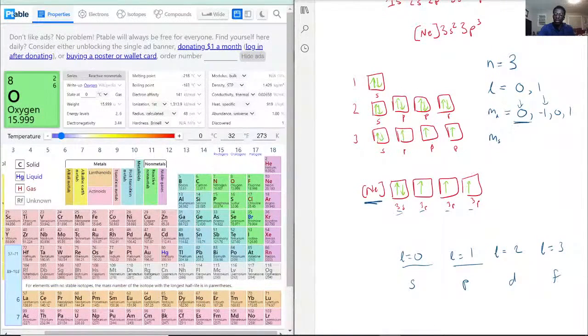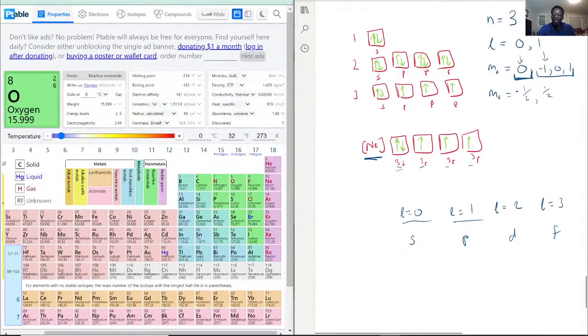These are going to be the different MLs, and you'll notice that it actually matches perfectly with your S and P rows. We have the S for the 0, and the P is -1, 0, and 1. And the MS just tells you what type of spin it has, which is going to be -1/2 or +1/2. That's the only 2 choices it can be.